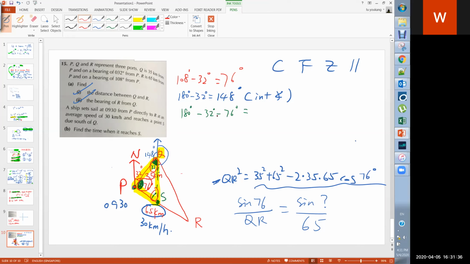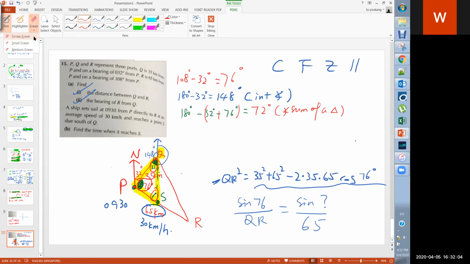If you use plus, then it should be in brackets already. Okay, the answer is 72. Good. So this is called angle sum of a triangle. Like I say, whatever rule you use, you must write it down. So this is 72.